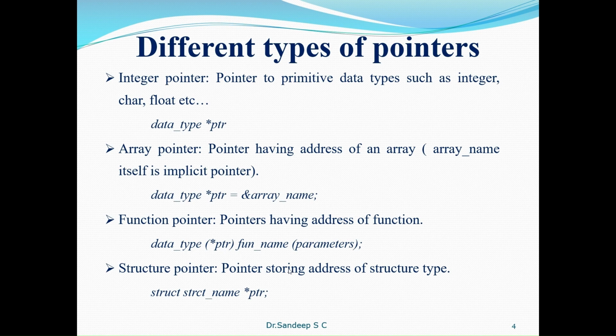That is also possible. Similarly, we can have a structure pointer. That is the pointer which is pointing to a structure. For that, we write struct as a keyword, then the structure name and the pointer of that data type. Then this pointer will become a structure pointer. Especially, we use structure pointers in linked lists and all the data structure operations. That we will see when we go for data structures.